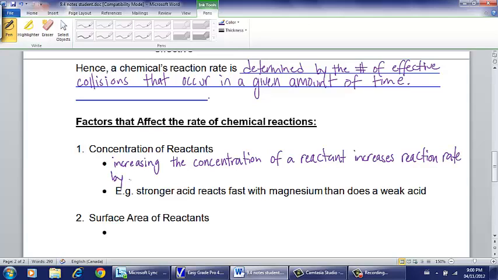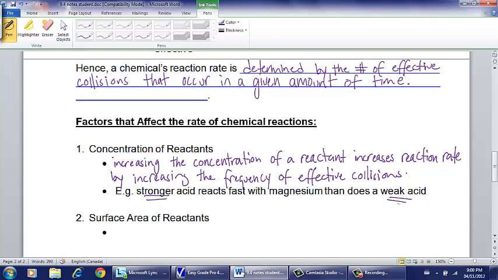For example, a stronger acid reacts faster with magnesium than a weak acid. A stronger acid would be more concentrated than a weak acid.